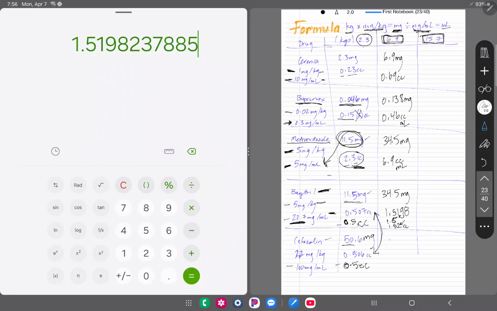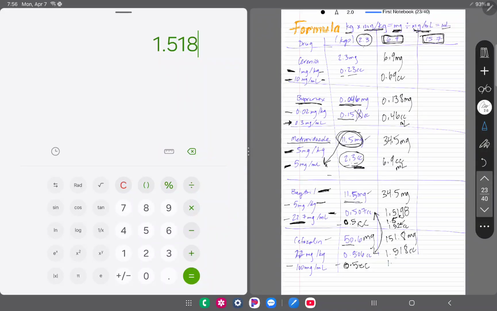Moving on to cefazolin. If they are 6.9 kgs times mg per kg, you're going to get 151.8 mg, and you divide that by mg per mil, and you get 1.518 cc's.